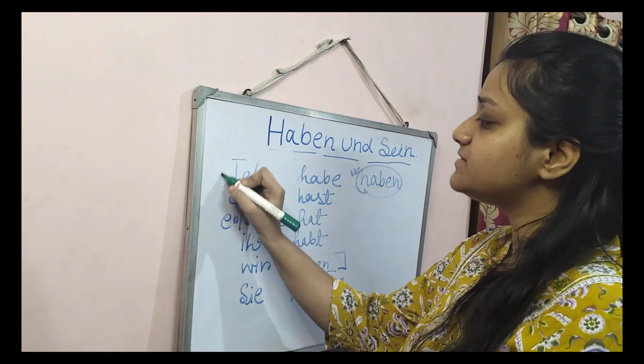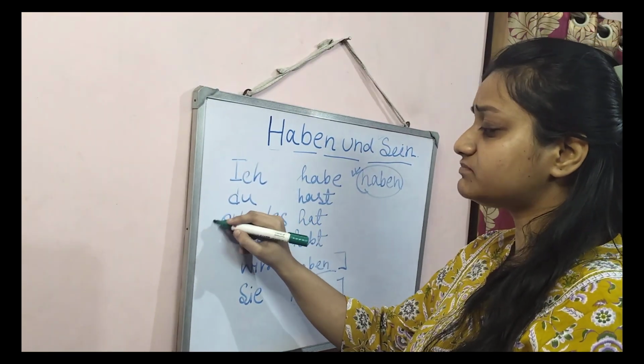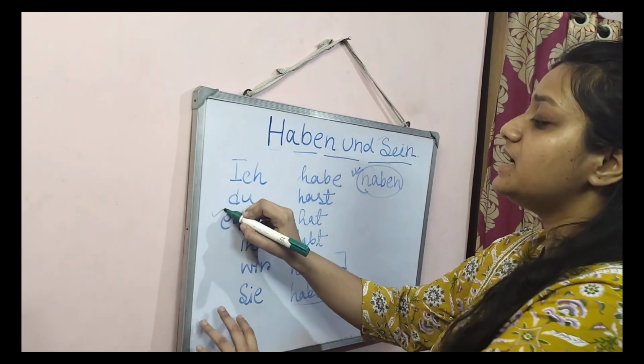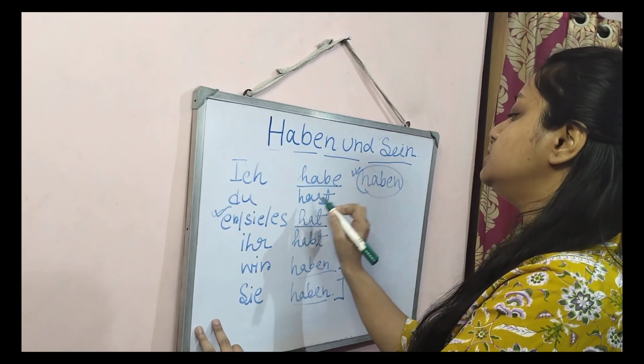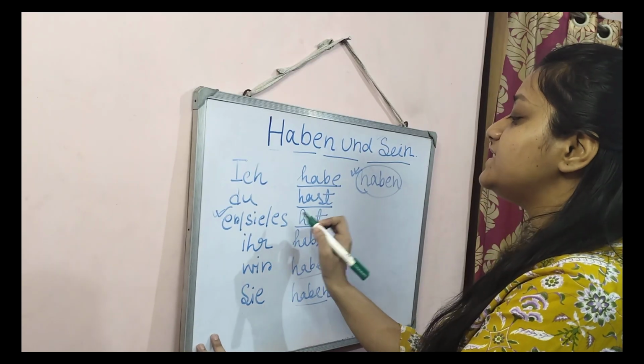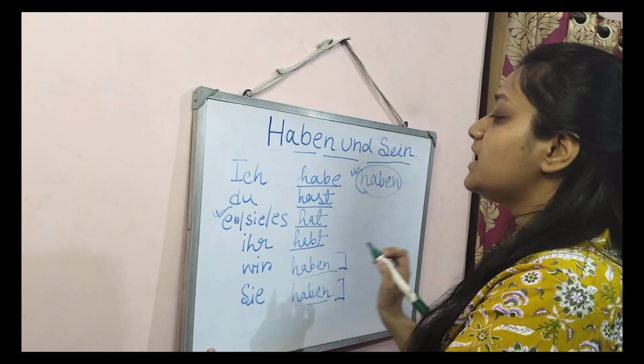Ich is first person singular, and er, sie, es is third person singular, and that is hat. Ich habe, du hast, er, sie, es hat, ihr habt, wir haben und sie haben.